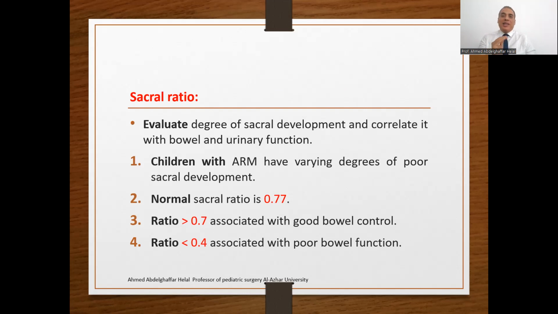It measures the length of the sacrum in relation to fixed points. Children with anorectal malformation may have varying degrees of poor sacral development. The normal sacral ratio is 0.7. If the ratio is more than 0.7, it is associated with good bowel control. If the ratio is less than 0.4, it is associated with poor bowel function.